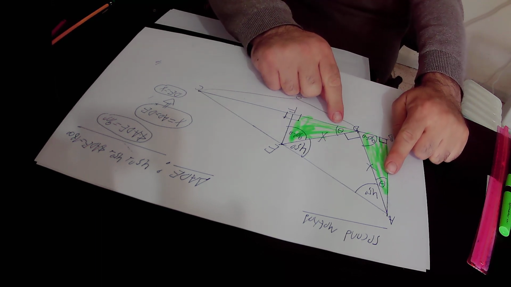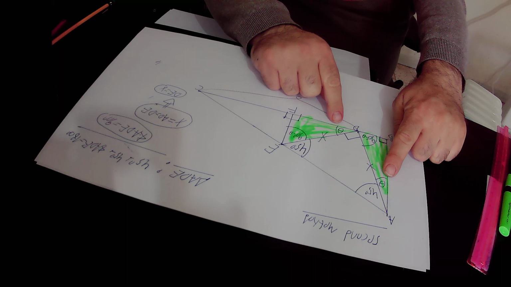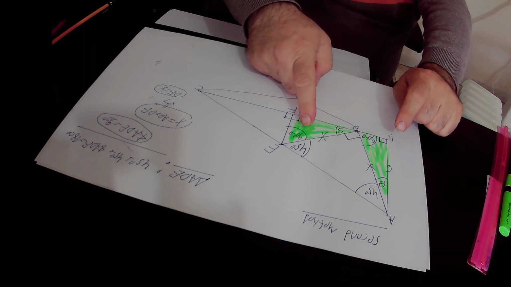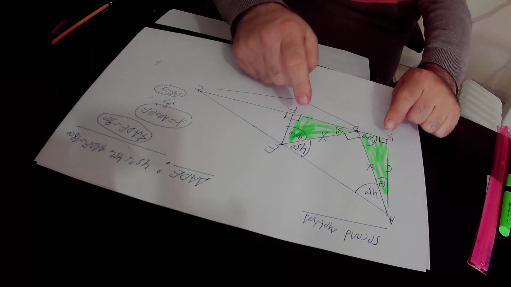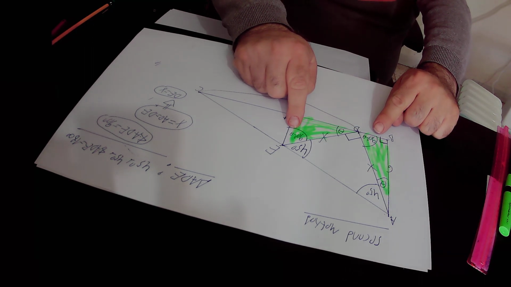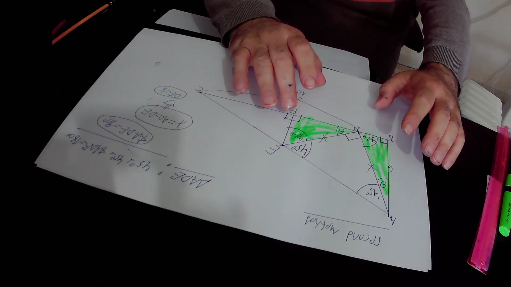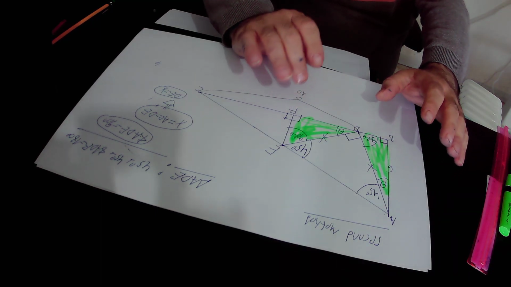Because those two angles are equal to each other, they are both equal to theta. Side AD equals side DE, they are both equal to X. And those two angles are equal to each other, and they are both equal to 90 degrees minus theta. So those two right-angled triangles are congruent to each other according to the angle-side-angle rule.